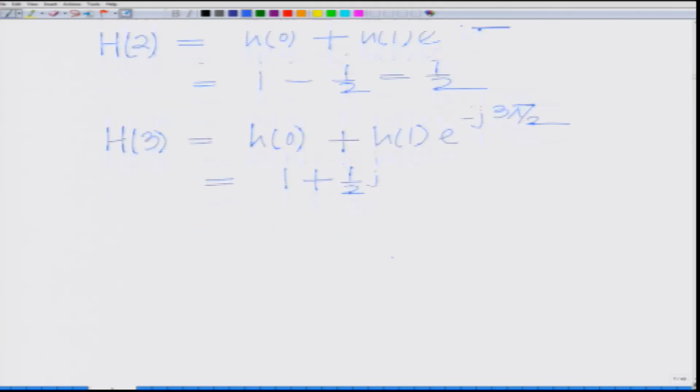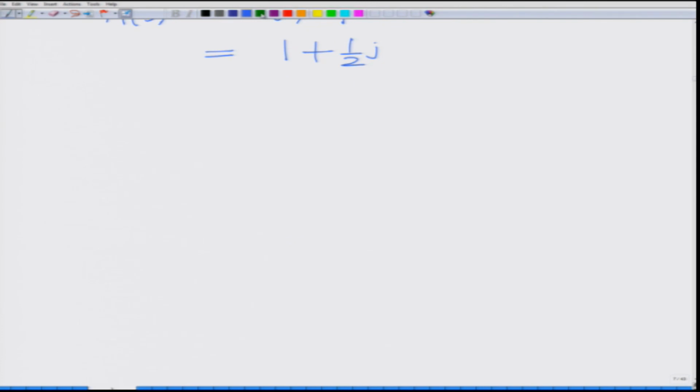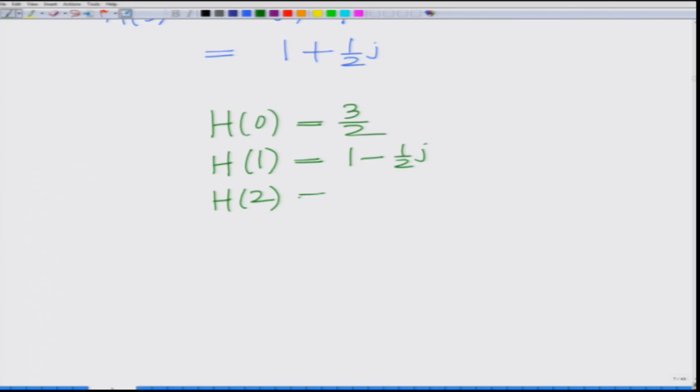Now, writing all these explicitly once again, capital H0 equals 3 by 2, capital H1 equals 1 minus half j, capital H2 equals half, capital H3 equals 1 plus half j.